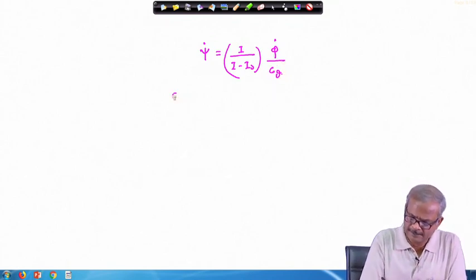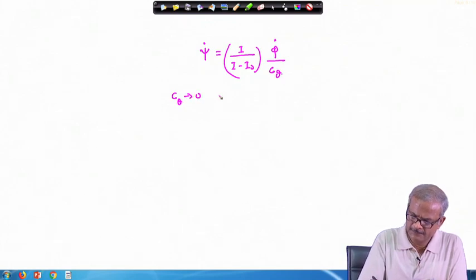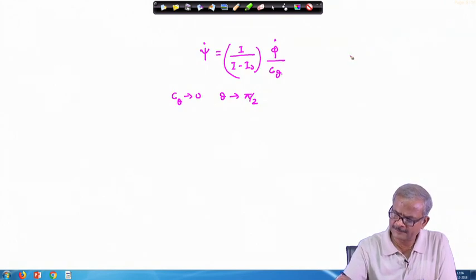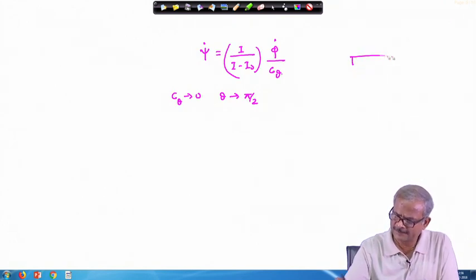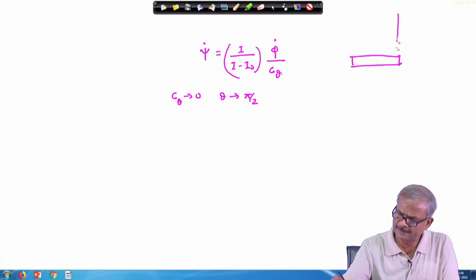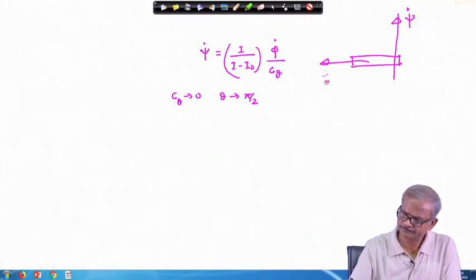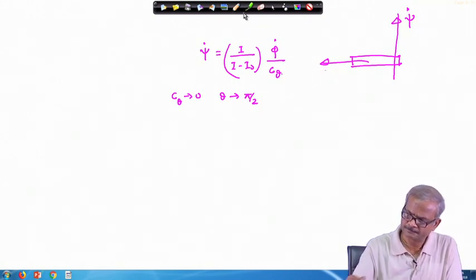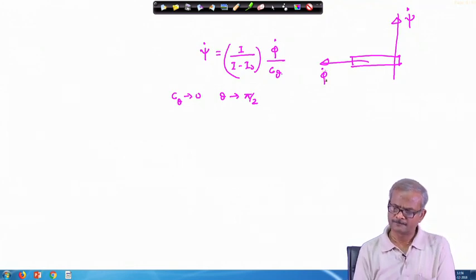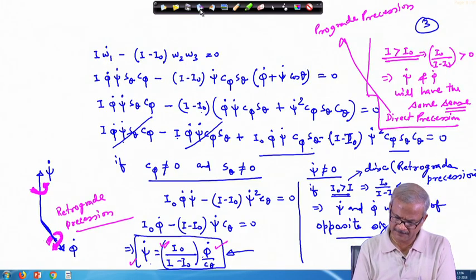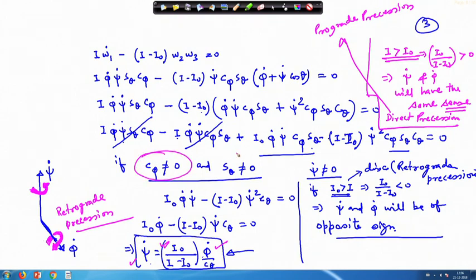What you can observe is that if cos theta tends to 0, meaning theta tends to pi by 2, this is the case where your cylinder or the disc has become something like this. This is your psi dot direction, while the spin is along this direction. Okay. So, it is approaching pi by 2. In that case this blows up. Remember the case once we derived here, we have written this should not be 0.